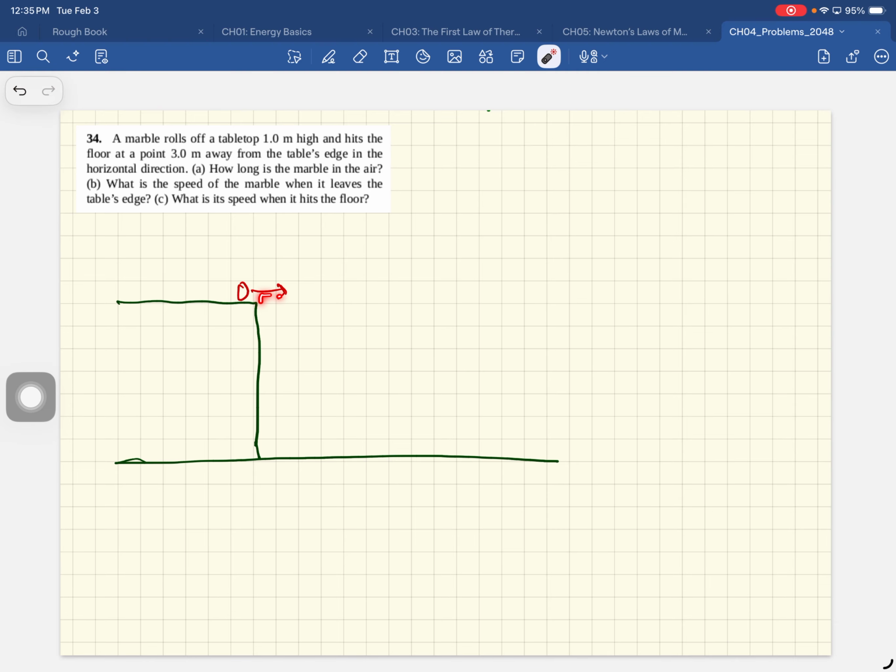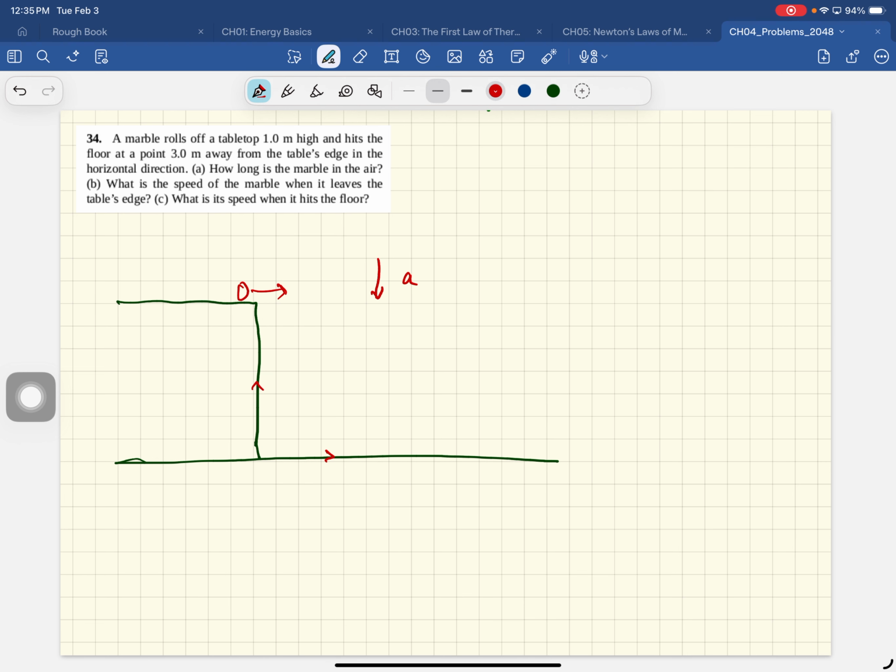It's a parabolic trajectory. That's half a parabola. It's part of a parabola. Okay. What is the only force acting on the marble? Gravity. Okay. So you get a parabolic trajectory when gravity is the only force acting on an object. All other forces are insignificant.